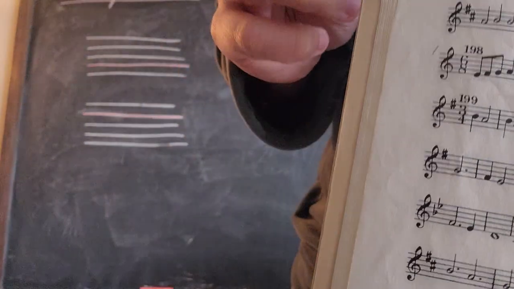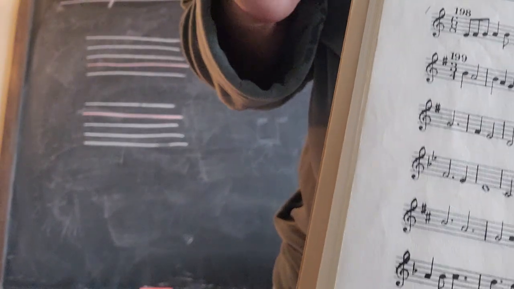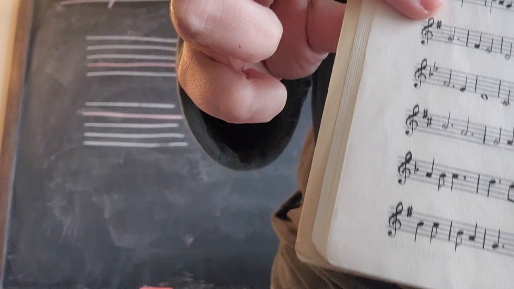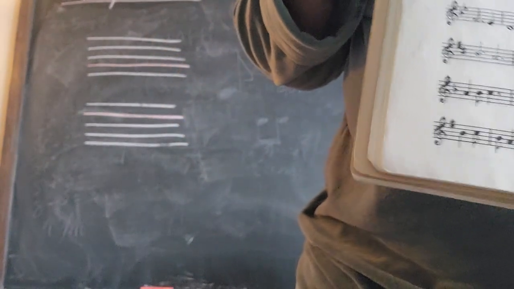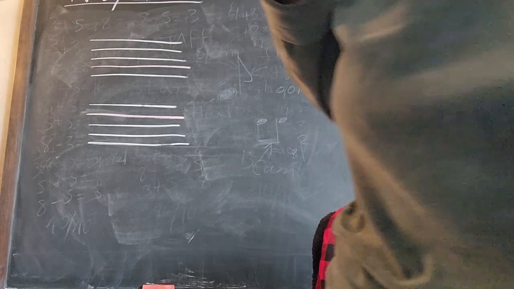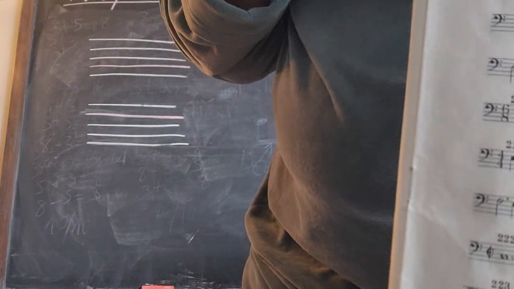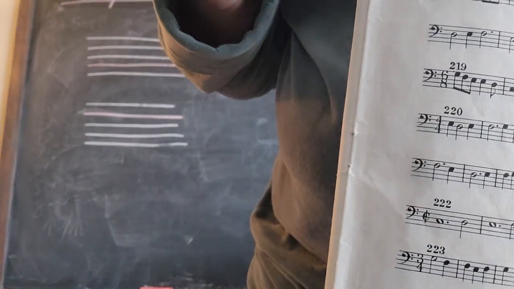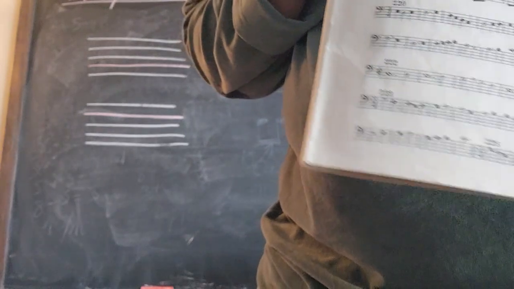If you look in all these examples, it's got these little symbols, and these are all the clefs that denote how this particular music is to be read. And here's another example. So we are going to talk about these two clefs right now.